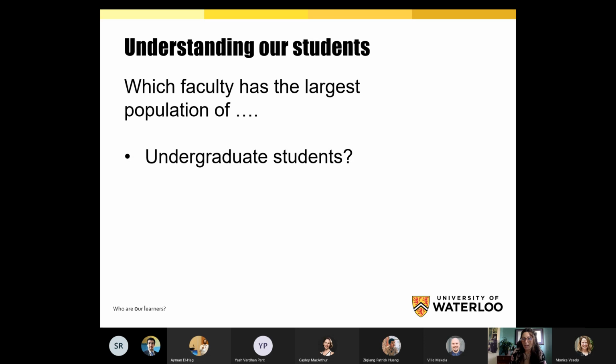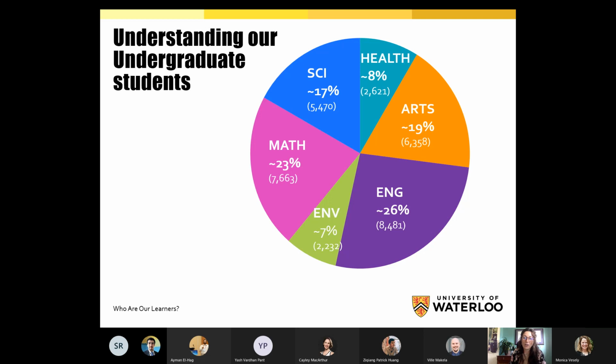Okay, so it looks quite overwhelmingly that folks believe that engineering is the largest, followed by one voting for arts. Okay, so arts makes up 19% of our incoming student population, and I will let you know that these numbers are reflective of our student body's makeup as of winter 2021.